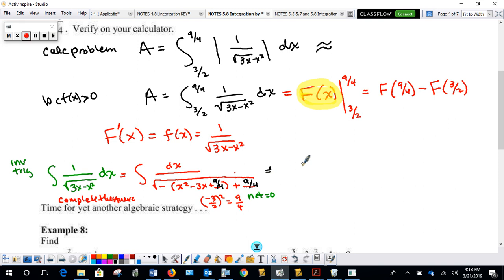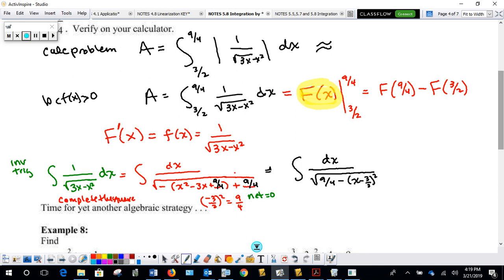So what that does for me is now I'm going to have dx, and then this is going to become the square root of 9/4 minus, and the reason you do this is to make it a perfect square, (x minus 3/2) squared. And I'll let you verify that that's the perfect square factoring.